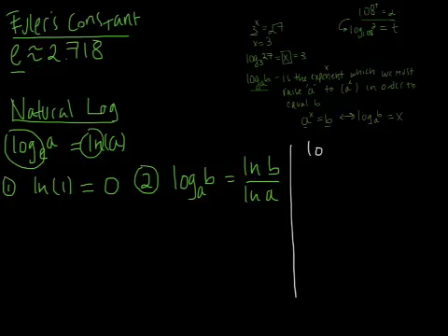Okay, so we had log base 1.08 of 2 equals t. Hopefully you said, okay, I can rewrite this as natural log of 2 divided by natural log of 1.08, and that will equal t.